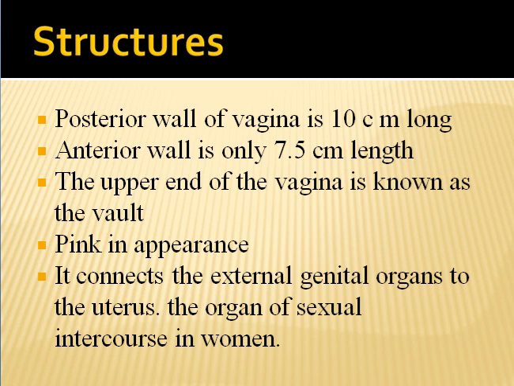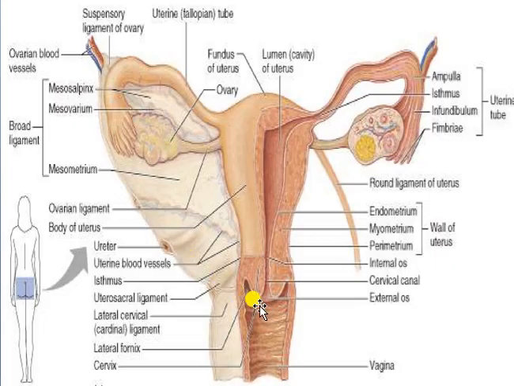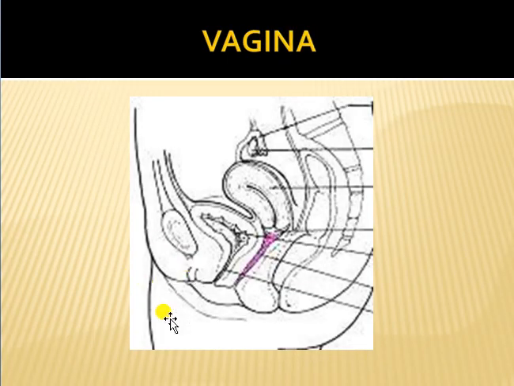See, this is the vagina. This is in front, anterior, and inside is posterior. So this is anterior, this is posterior.